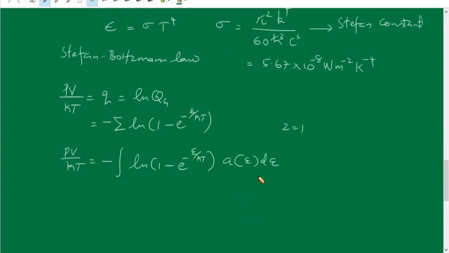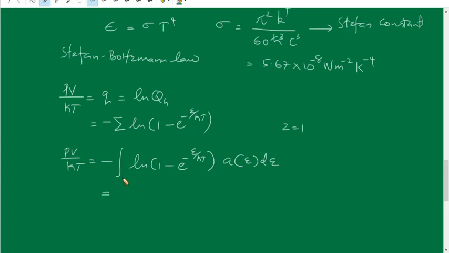A of e is the total number of phase points, the total number of microstates. We already know this quantity.